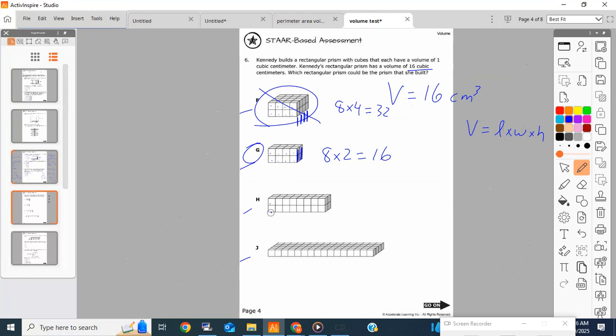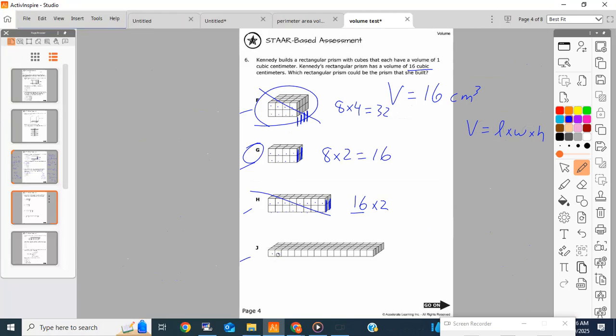1, 2, 3, 4, 5, 6, 7, 8, 9, 10, 11, 12, 13, 14, 15, 16. So there's 16 cubes on each layer, and there's 1, 2 layers. Well, 16 is what we're looking for. If we multiply it by 2, that's not going to be our answer. So we don't even need to worry about multiplying it. And then let's count this last one.